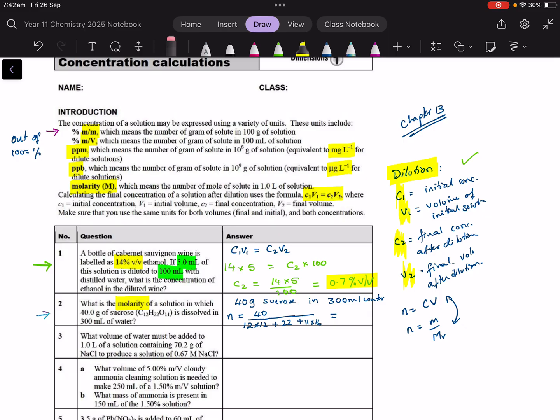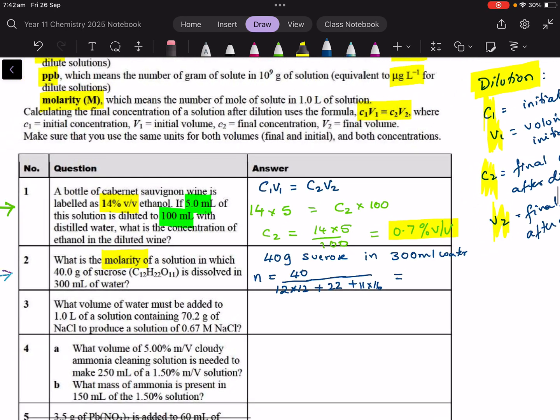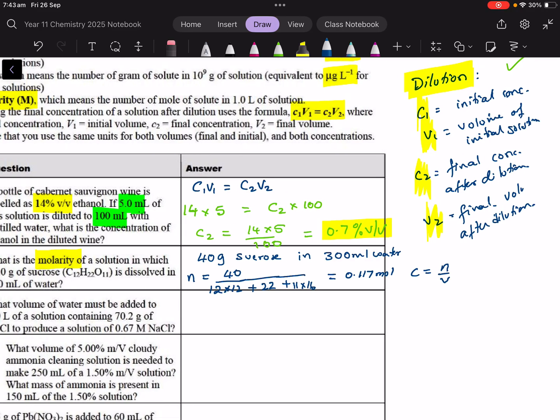What I might do is clear this end over here so I can have some more room on the outside. This is a very squishy, tiny box for me to do my calculations. So basically I've got 0.117 mole of sucrose in 300 milliliters. And what's concentration? Concentration is equal to number of moles over volume. The volume needs to be in liters here because molarity is moles per liter.